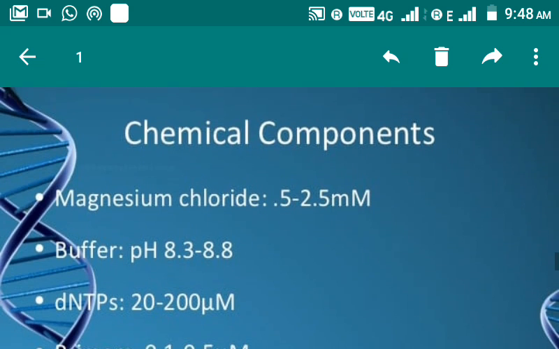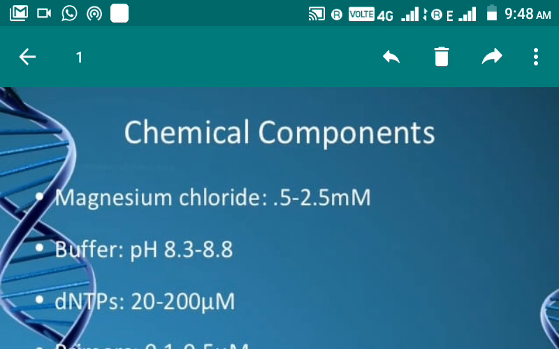Now, what are the chemical components of PCR? What are those requirements? These are some of the most important steps and chemicals required to carry out PCR, like magnesium chloride, buffer, dNTPs, primers, DNA polymerase and target DNA, that is the template.